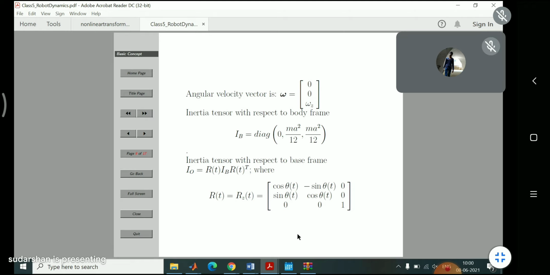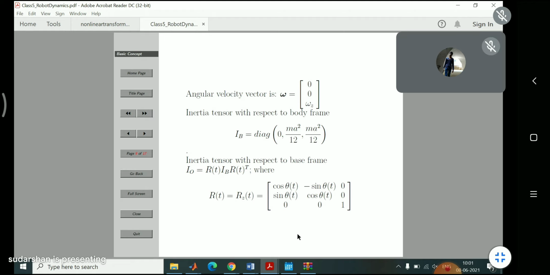The rotation matrix is like a change of basis matrix. It is basically changing from one coordinate frame to another coordinate frame.